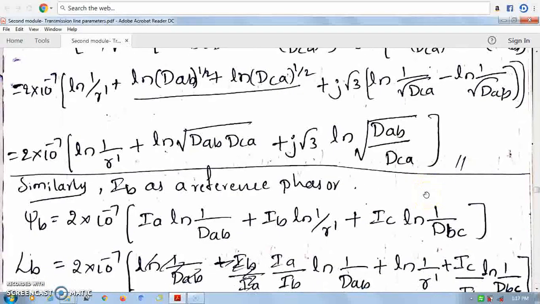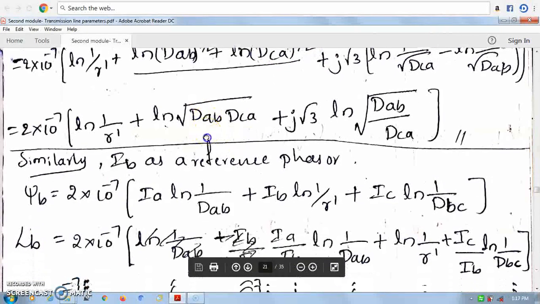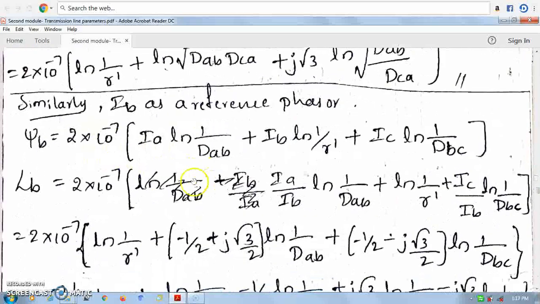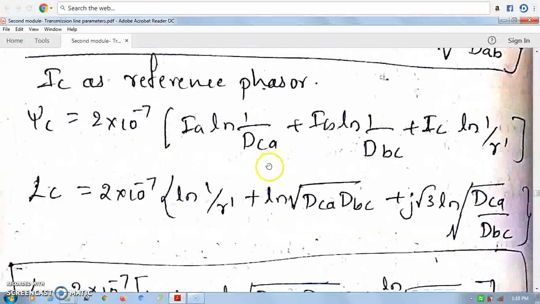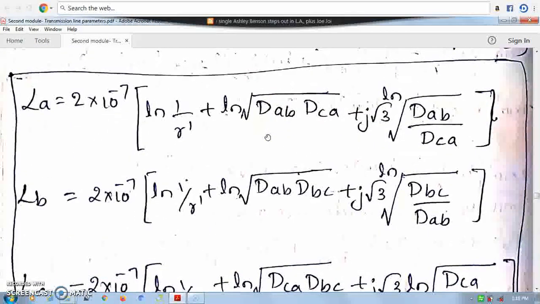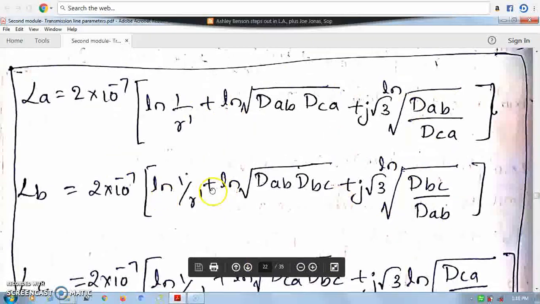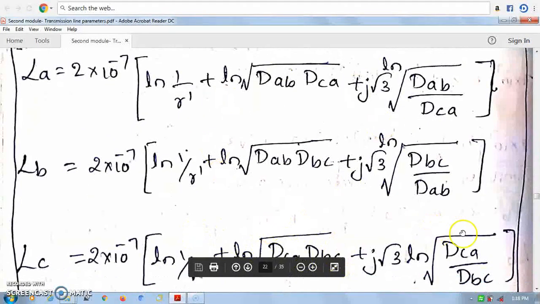So this is the equation for the inductance of conductor A. Similarly, go for conductor B and similarly for conductor C. After the substitution of all these, we get the equations LA, LB and LC, the inductances of all three conductors.